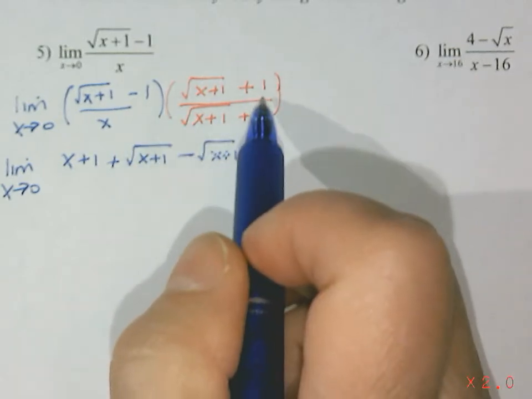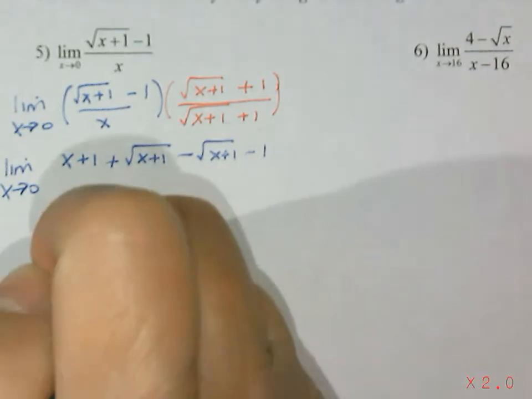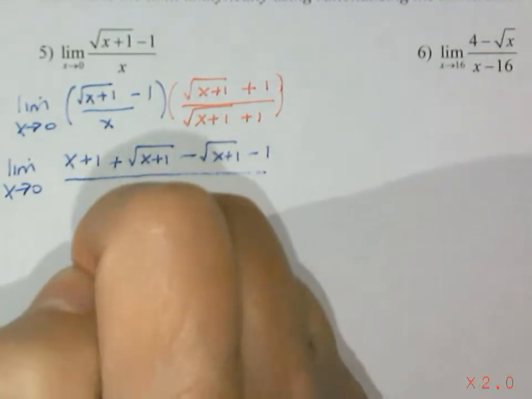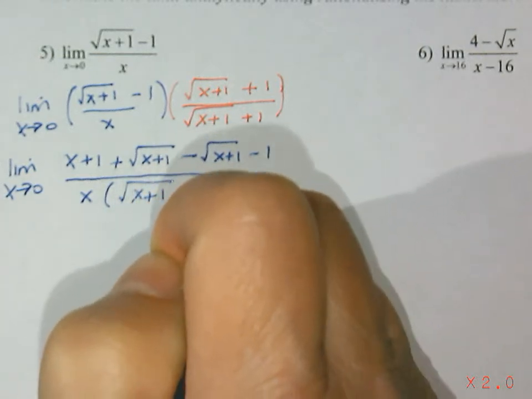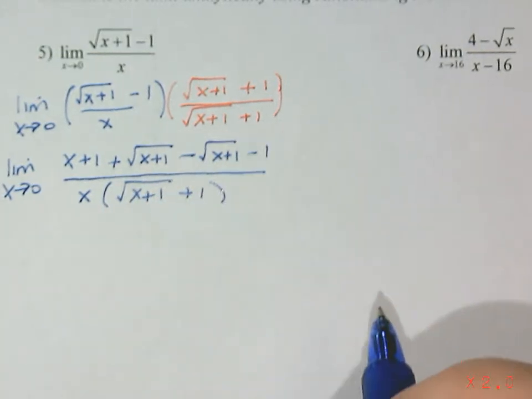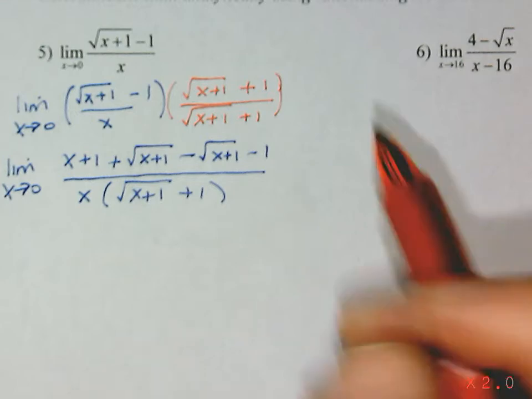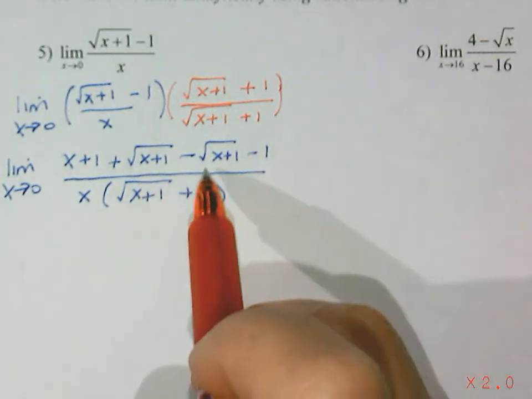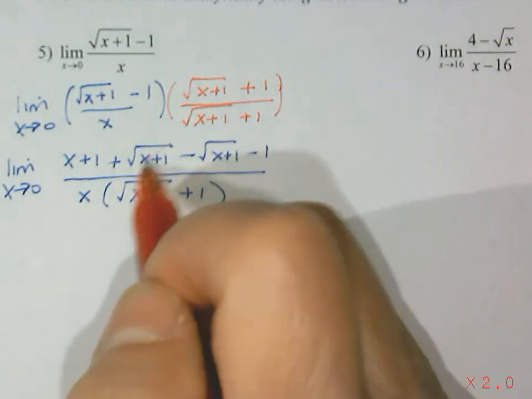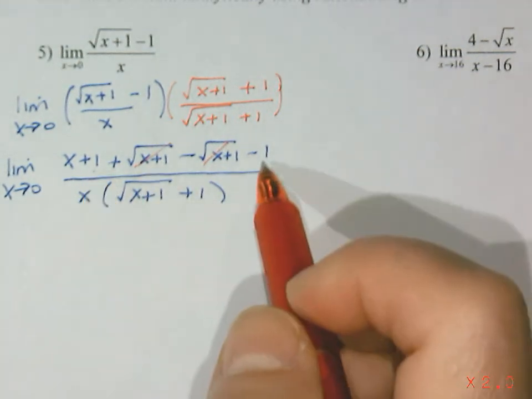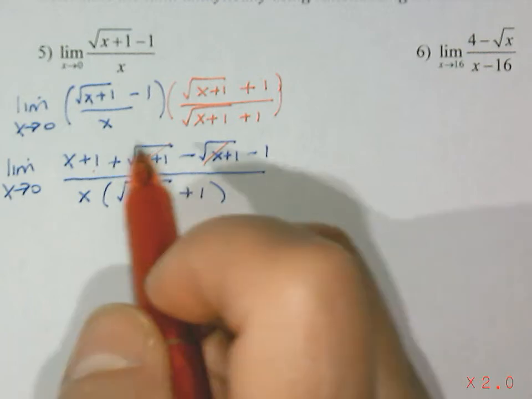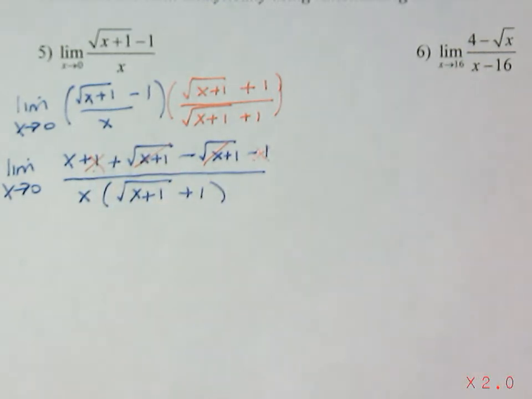And negative 1 multiplied by positive 1 is going to be negative 1. My denominator I'm not going to multiply out. You're going to see in a minute, it actually comes out a lot easier if I don't multiply it. These middle terms, the square root of x plus 1 is positive, and this is a negative square root of x plus 1. You add those together, you get 0. You get a positive 1 and a negative 1. That adds to 0.